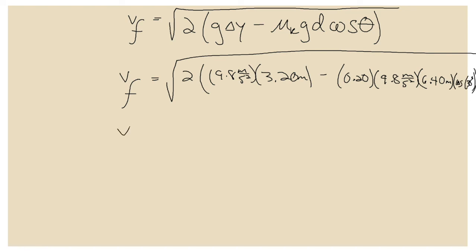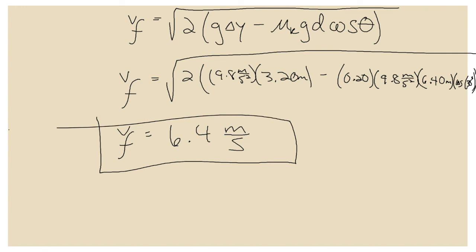And when you do all that math, the way I do it, honestly, is I multiply these four things, then I multiply these two, and then hit minus answer, so I subtract that off, then I multiply by 2, then I take the square root, and when you do that math, you end up getting 6.4 meters per second.